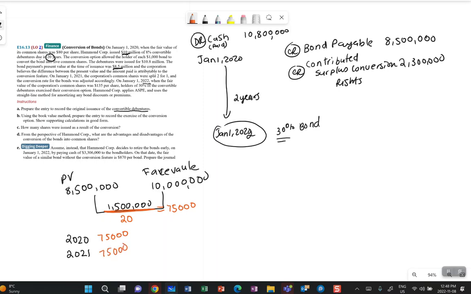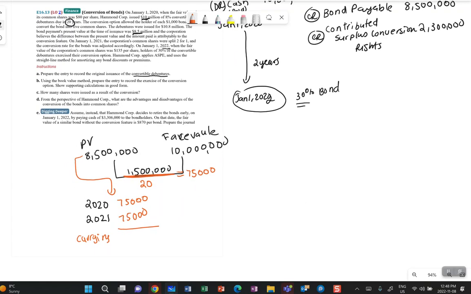So the carrying value, if I started off with 85,000 and 75 and 75 are amortized each year, I can find out the carrying value of the bond. If I add them together, it will be 86,500. So that will be the value of your bond.